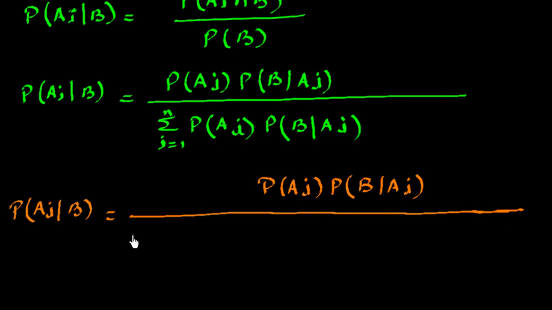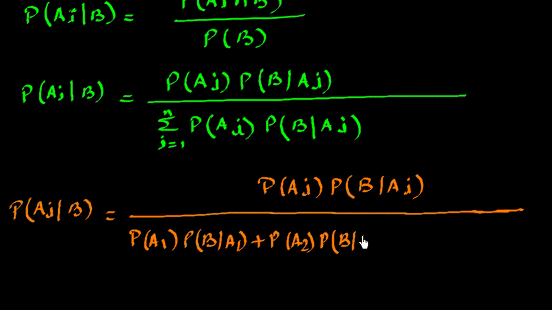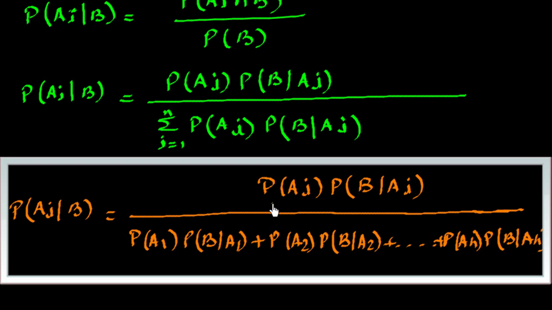So we could put it in this way: the probability of A1 into probability of B given A1, plus probability of A2 into probability of B given A2, and so on up to n, probability of An and probability of B given An. So this is the final formula we have for the Bayes theorem. The questions related to the Bayes theorem of the posterior probability we could find through this formula.